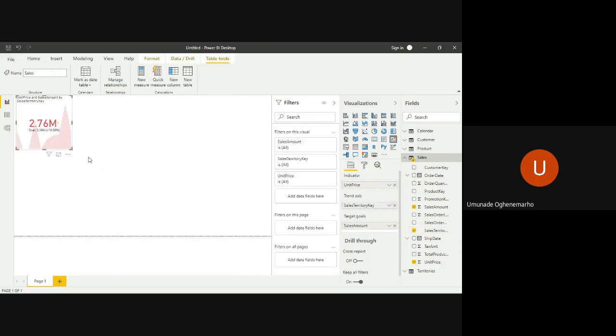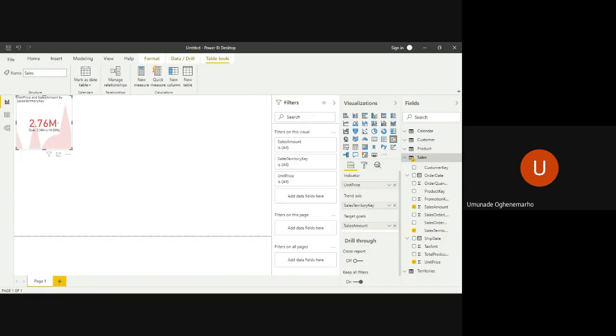Okay, this is clearer. So we know that there's a trend across the board. I would have preferred something dated so that we can get an average value across 12, probably months or years. But we'll look at that better in our next class. So this is basically how KPIs work.